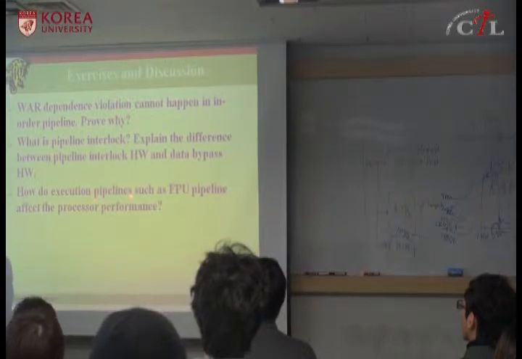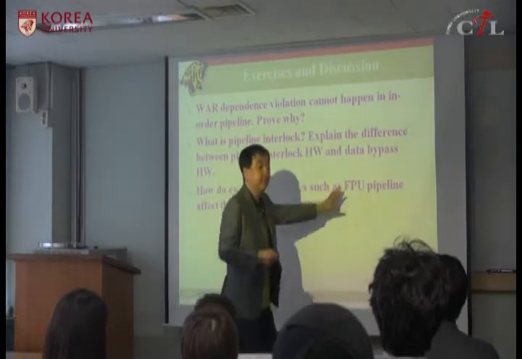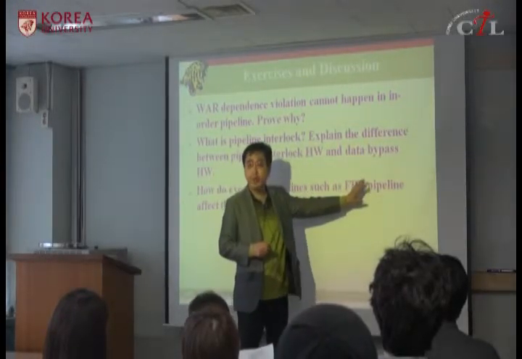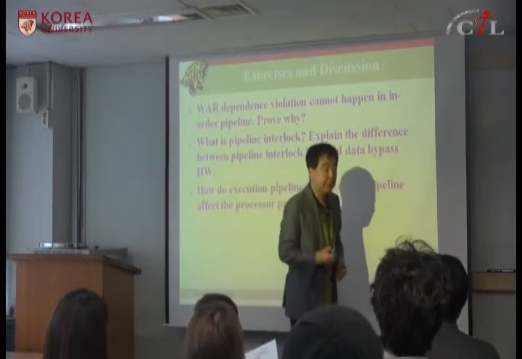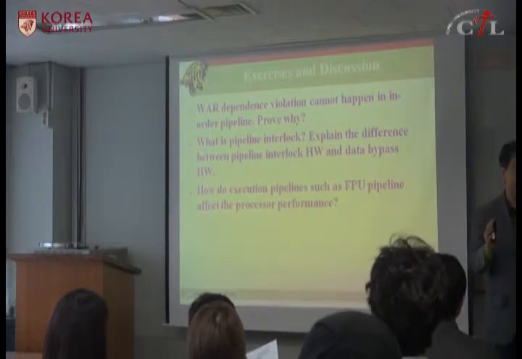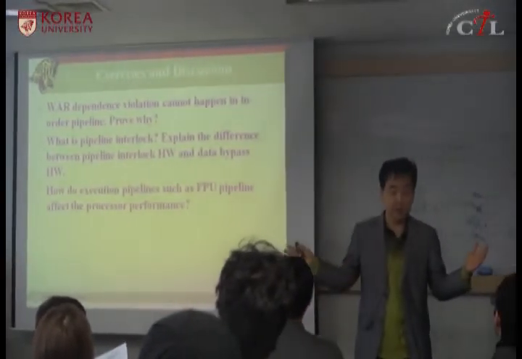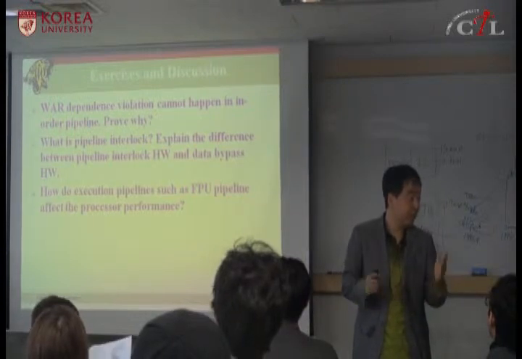How do the execution pipelines such as floating point affect processor performance? We already discussed. If floating point operation takes more than one cycle, and you have back-to-back floating point instructions, sometimes the floating point unit might be busy and you have to generate a stall because of the structural hazard.